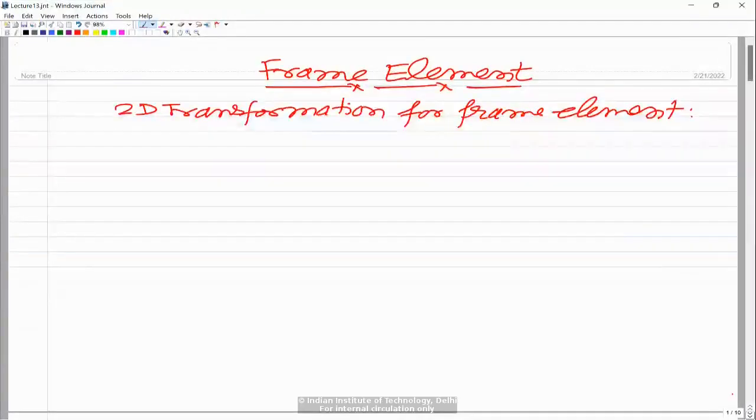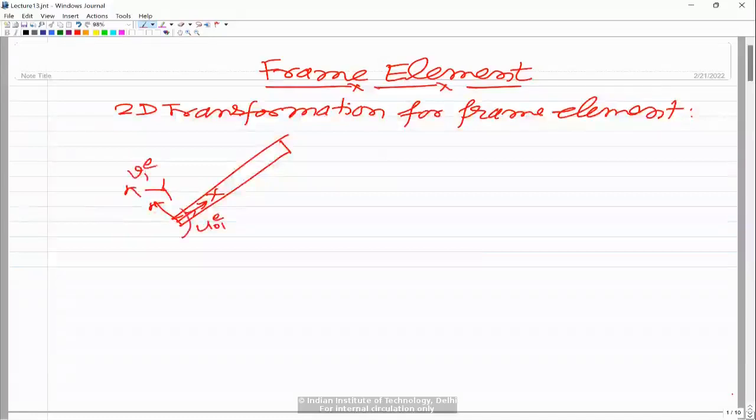Suppose you have a frame element with a certain orientation, and you have the local coordinates x and y. In terms of the local coordinate system you have degrees of freedom: u naught 1e, then in the y direction v naught 1e, and theta 1e.